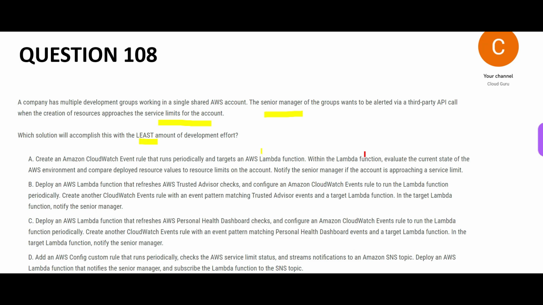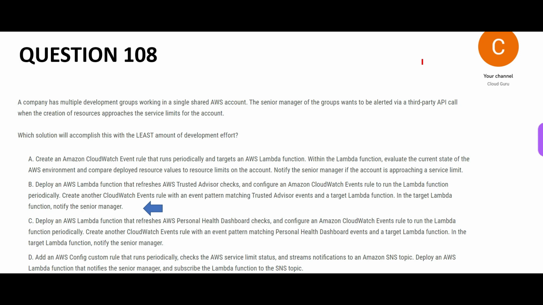Option A is not using Trusted Advisor. Option C uses personal health dashboard and not Trusted Advisor. And D is not using Trusted Advisor. So B would be my answer.